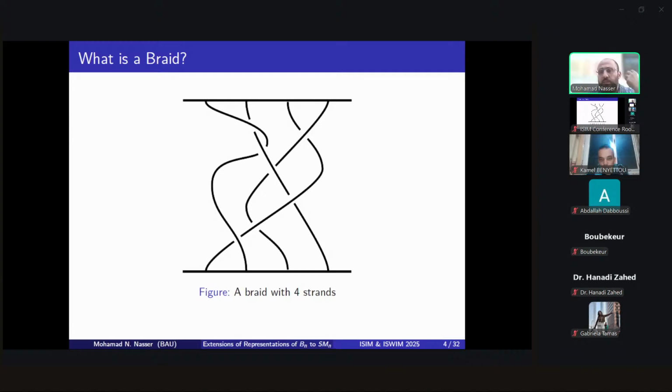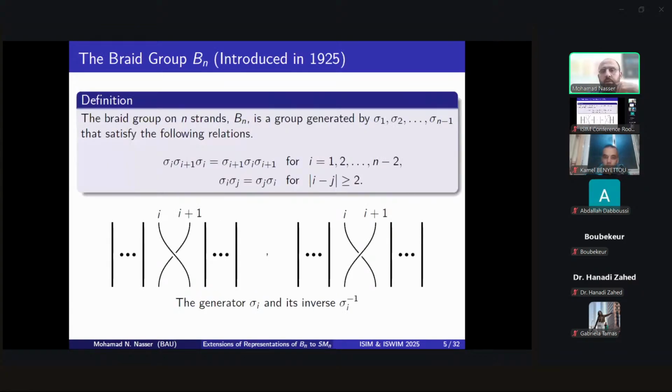The set of all equivalence classes of such braids is called the braid group, and it forms a group. Algebraically, the braid group Bn is a group generated by n-1 elements, which we call sigma 1, sigma 2, up to sigma n-1, and these are the shapes of these elements.